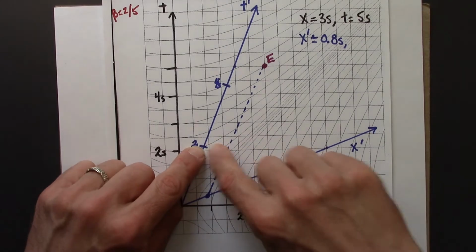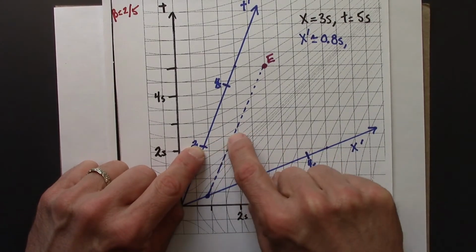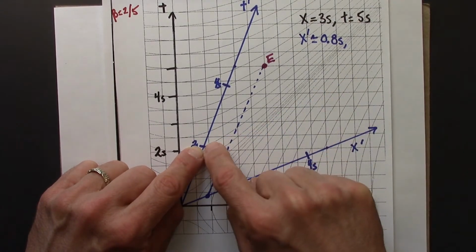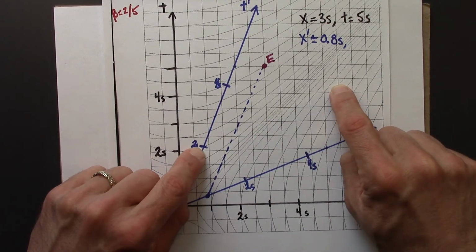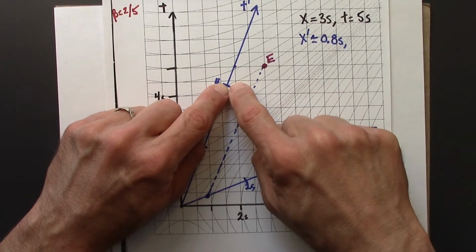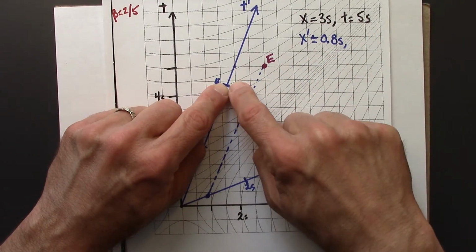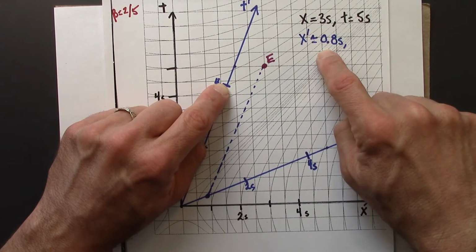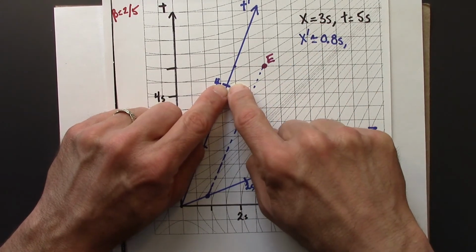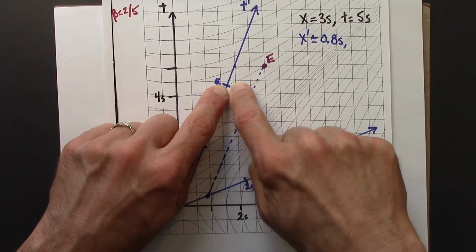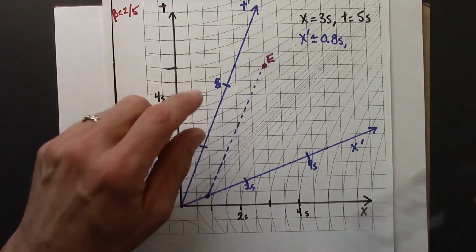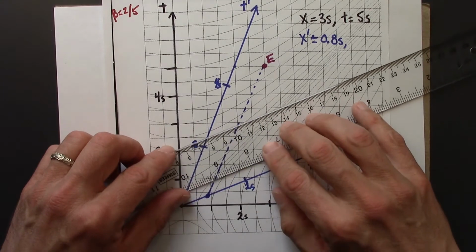If I drew a line this way, that would be the set of all space-time events in Beowulf's frame that are simultaneous with 2 seconds. If I drew a line parallel, I would get the set of all events simultaneous with 4 seconds.